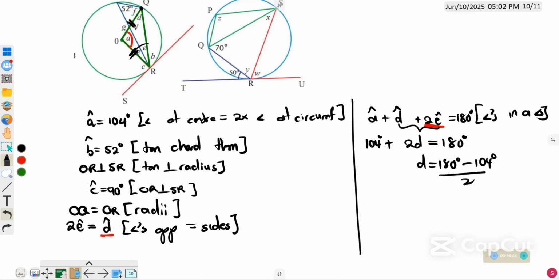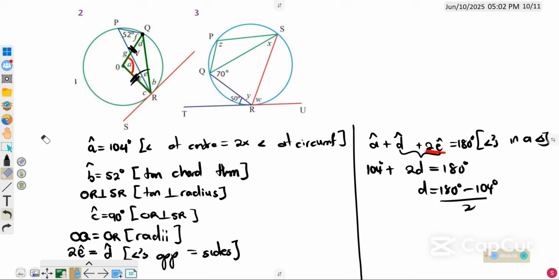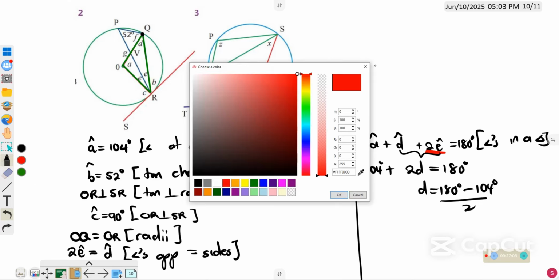Once you have D, then you have what? You have E as well. Now you need to find angle F and angle G. How will you find angle F? Let's think about it. What's the best way to go about finding angle F? There's F there. Okay. We now have D. Yeah, you can find F. Look at the triangle.